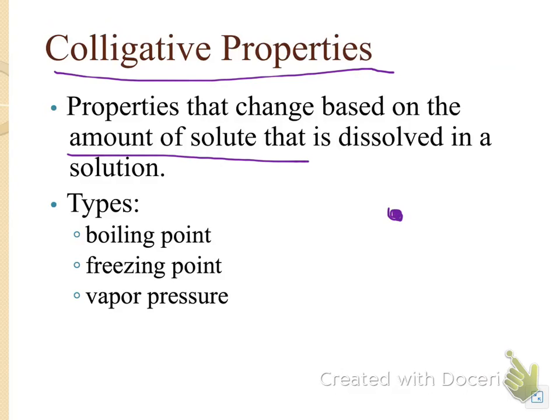Doesn't matter what the composition of those particles is. It's the number of particles in that solution that will determine how much things like boiling point, freezing point, and vapor pressure change. So these are three typical colligative properties. These are properties that change based on how much solute is dissolved in them. We're going to focus on boiling point and freezing point.